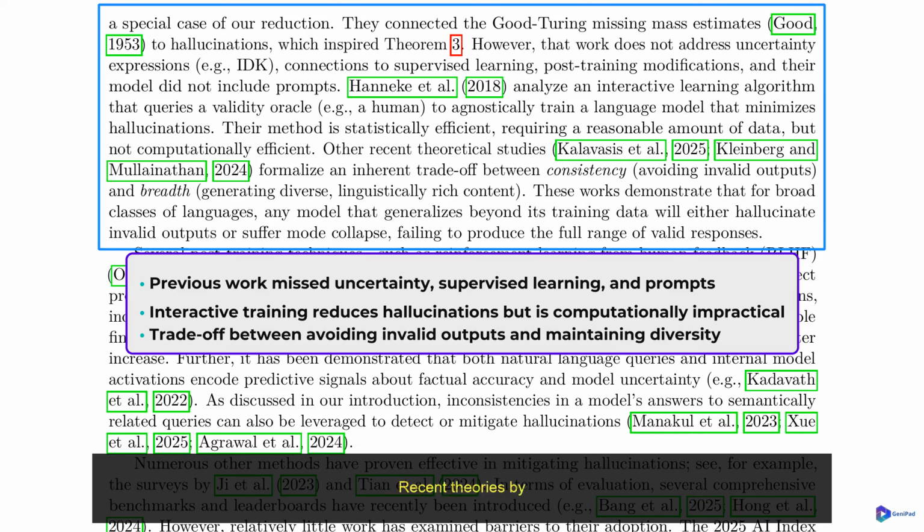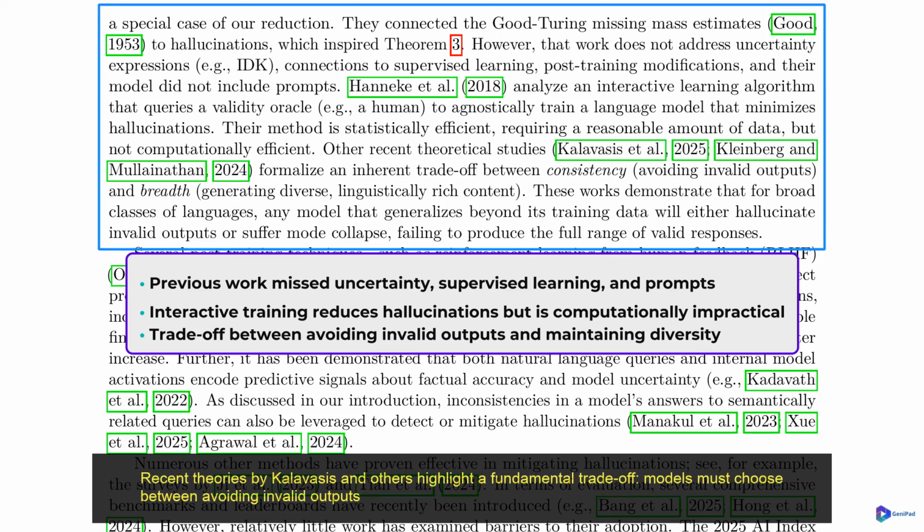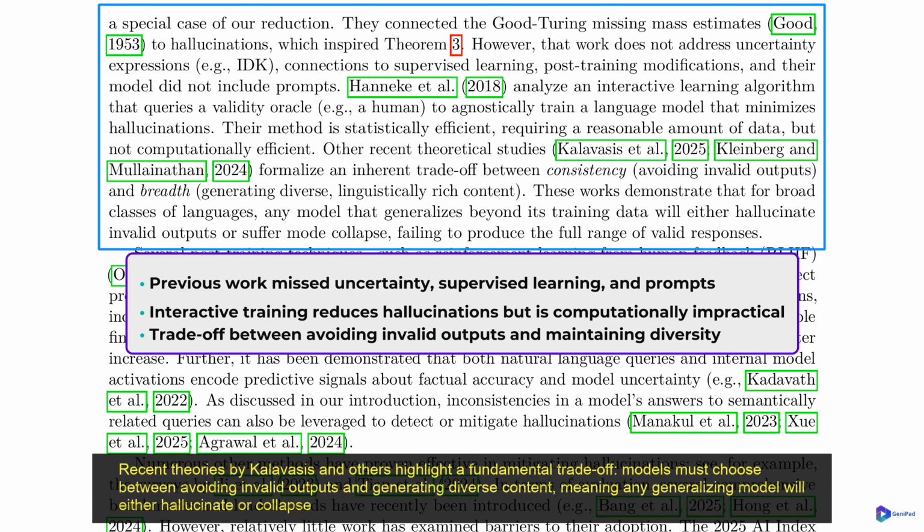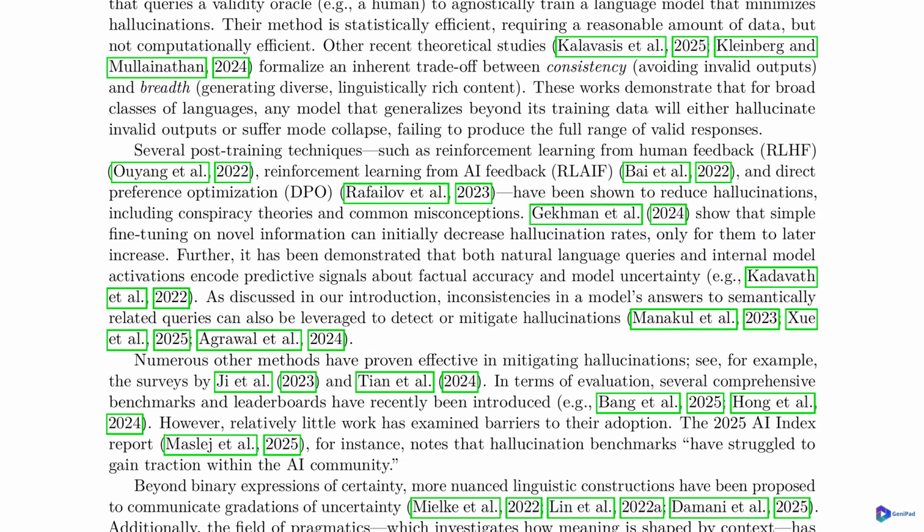Recent theories by Calavasis and others highlight a fundamental trade-off. Models must choose between avoiding invalid outputs and generating diverse content, meaning any generalizing model will either hallucinate or collapse in creativity.